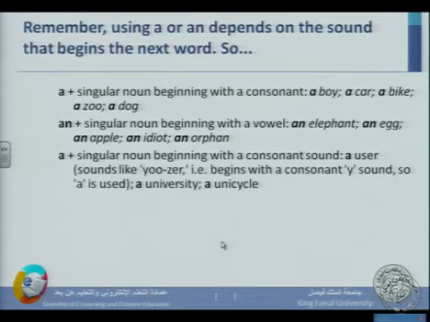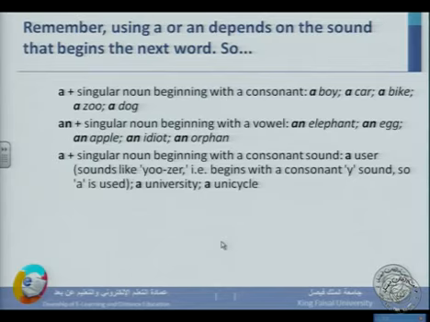Remember, using a or an depends on the sound that begins the next word. So we use a or an depending on the sound that begins the next word.